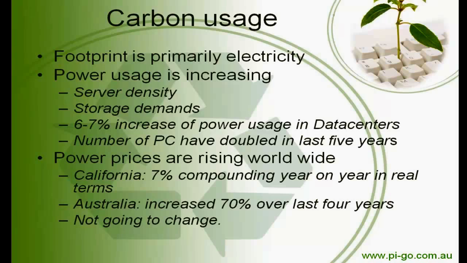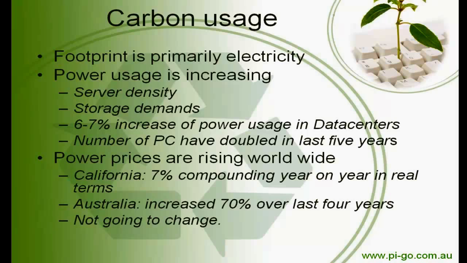Sure, there's water, sure, there's some other bits and pieces, but primarily it's electricity. And there's lots of studies that tell us two things. The first is that the power usage for ICT is increasing very strongly year upon year. And it depends which study you look at, whether you do it by server density, or by storage demands, or by the number of PCs.